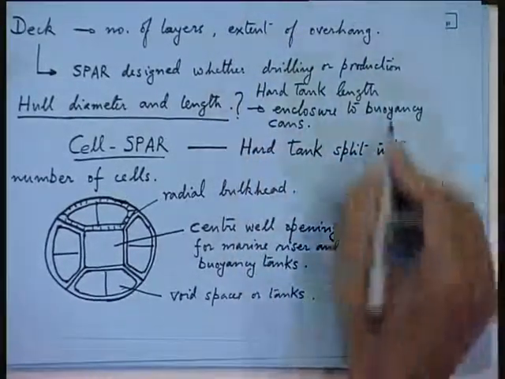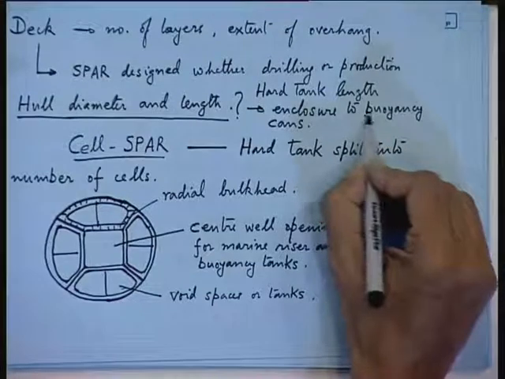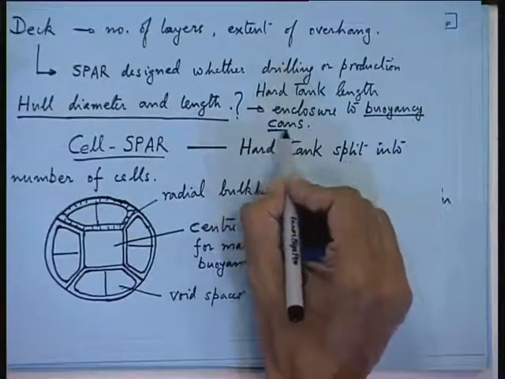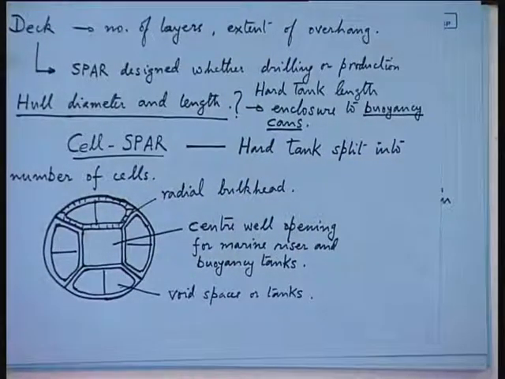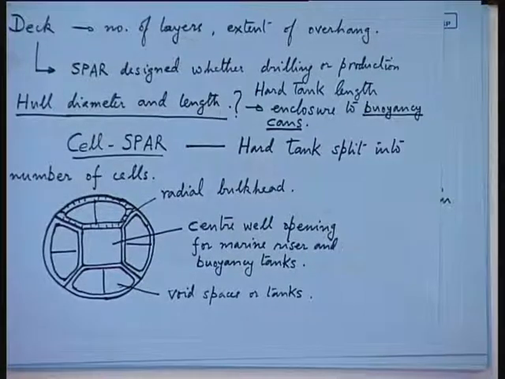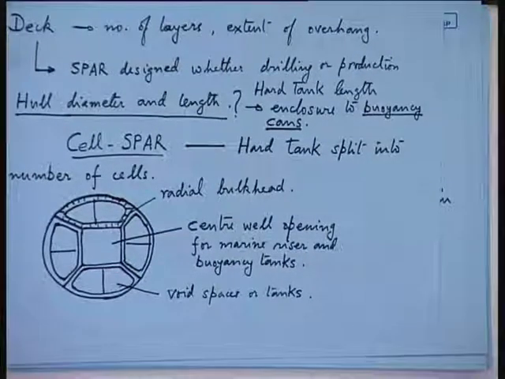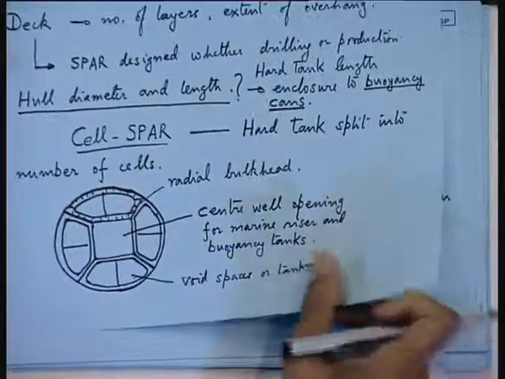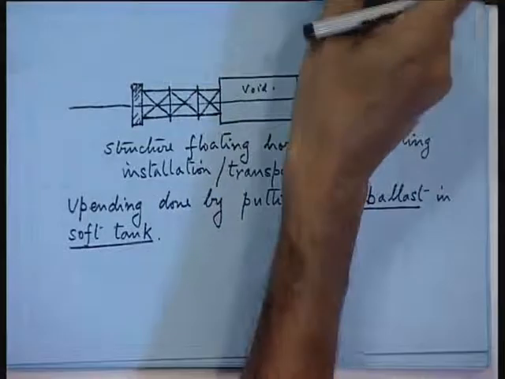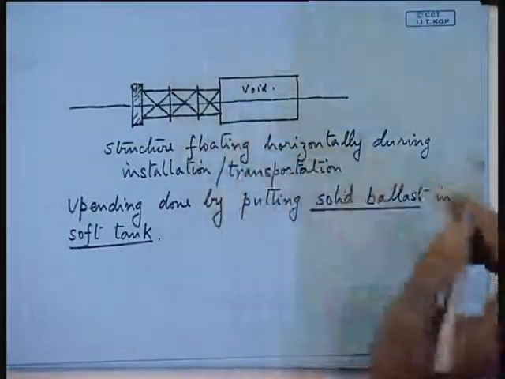So, buoyancy cans are actually totally enclosed within the hard tank. So, hard tank length is one parameter. The other parameter is the amount of righting arm you can get from the hard tank, your GZ. So, that is where you have to do your stability calculations.